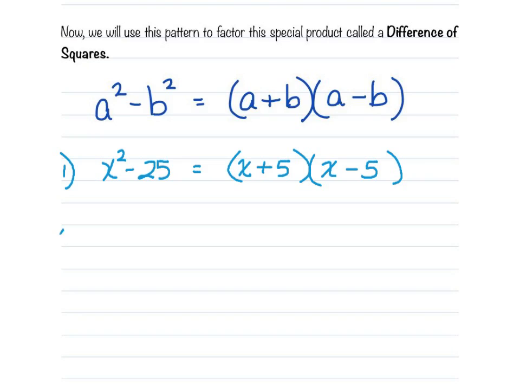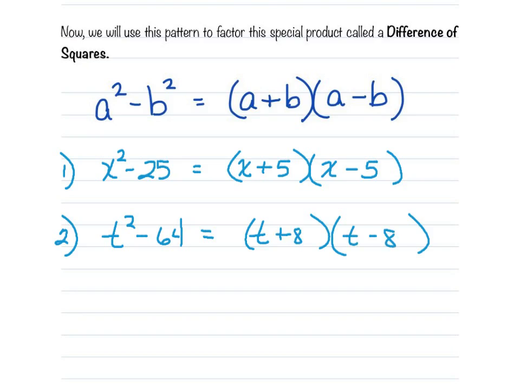Okay. Number 2, t squared minus 64. Again, we will simply follow a pattern to factor a difference of squares. So this would be t plus 8 times t minus 8.